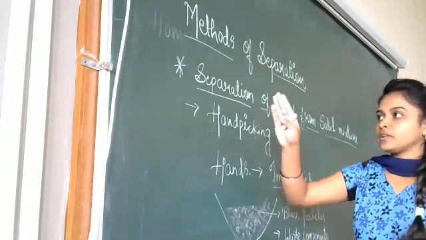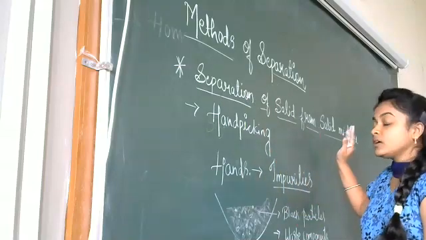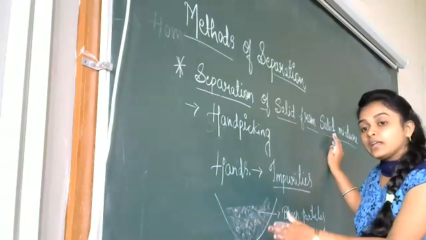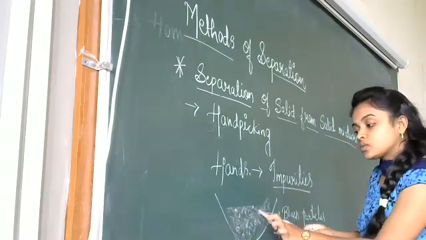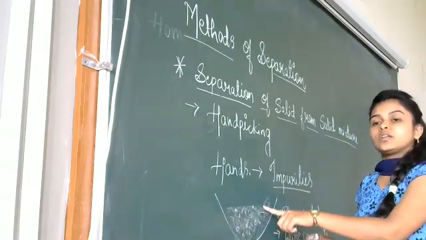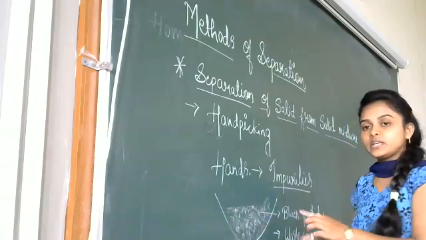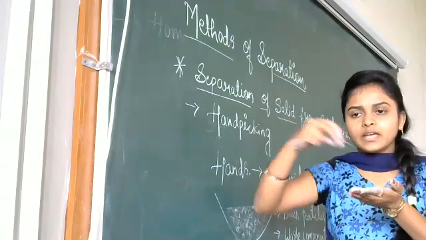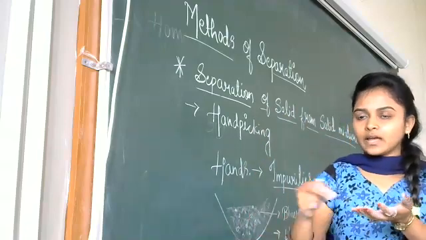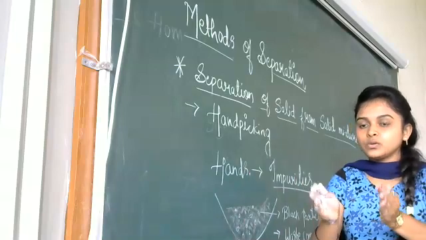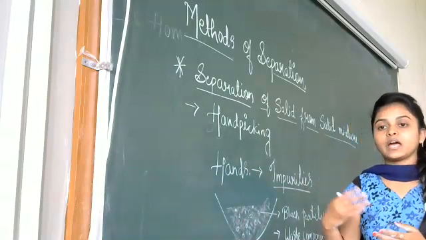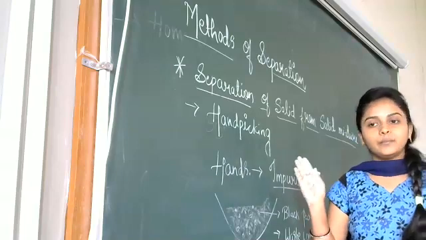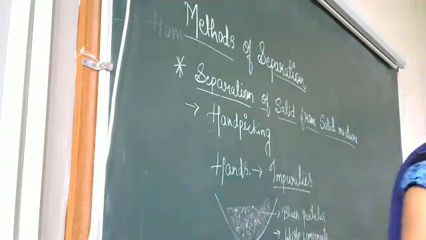It comes under separation of solid from solid mixture. Raw rice is a solid mixture, and that solid mixture has solid impurities. In order to remove those solid impurities, we are using hands. Just by picking the black stones out of the rice and throwing them away, we make the rice useful, which we then use for cooking. So that is the hand picking method. Understood?